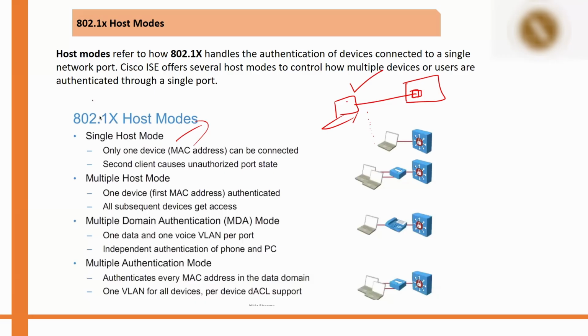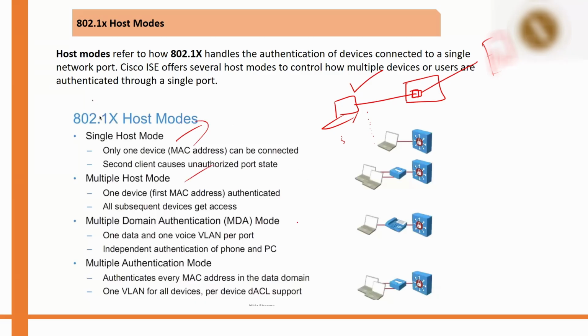Suppose this guy comes in the morning shift, connects to the network, and gets authenticated. His MAC address does a MAB authentication to the ISE server, and the ISE server authenticates him. The next person coming in the second shift or third shift is not required to authenticate. They automatically get authenticated because the condition was to authenticate the first time. That is multiple host mode.